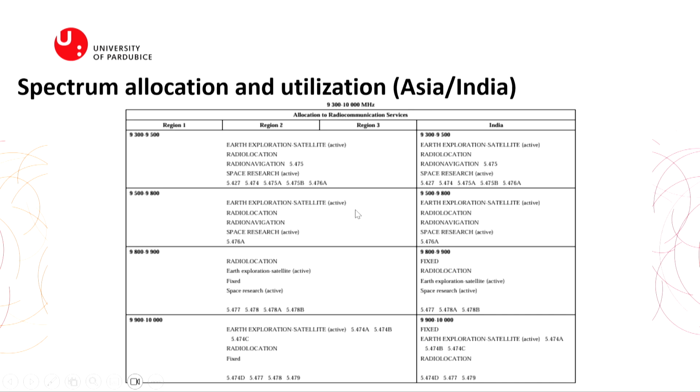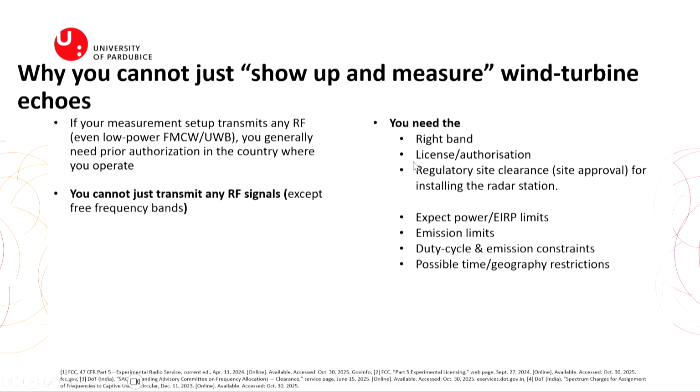So you can check it easily. So there is like a summation of why we can show up and measure wind turbine echoes, because we need the right band, which depends, of course, on our devices, on our radar or software-defined radio and so on.